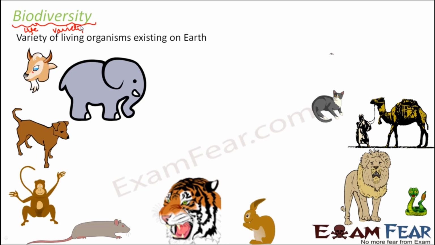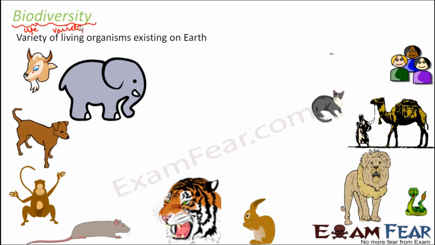You see elephants, dogs, monkeys, rats, rabbits, tiger, lion. Do you think that all of them look very similar to each other? If you compare their size, they look very different. If you compare their behavior, their shapes, their voices, everything seems so different from one another, but they all are living organisms.